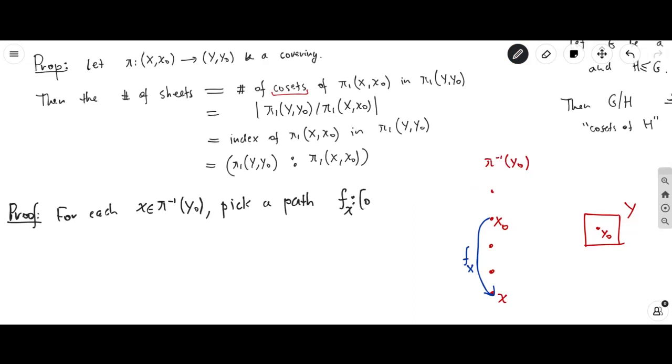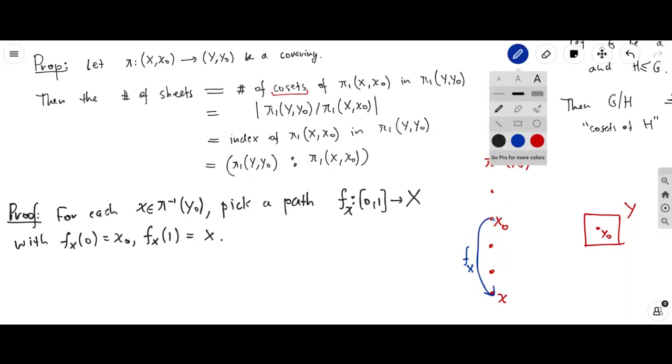So this is a path from [0,1] into X that starts at x0 and ends at x. So that's what you're doing. For every point in the fiber, you're going to create a path. The path will begin at x0, so you'll have a loop from x0 to itself. Then you'll have a path to this one, then to that one, and to that one. So for every point in the fiber, you create a path. So you have lots of paths.